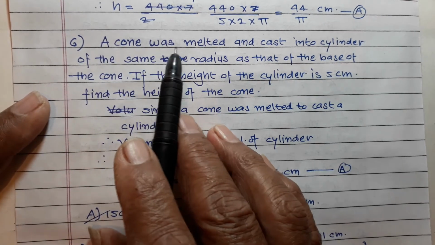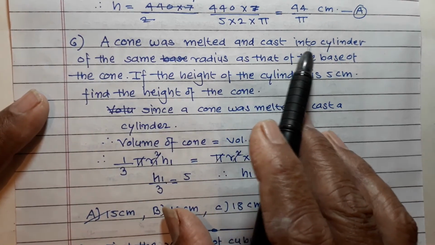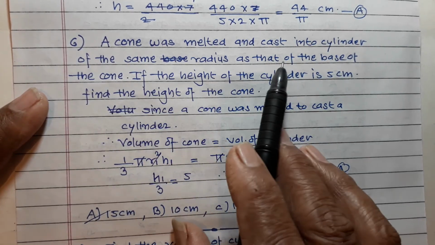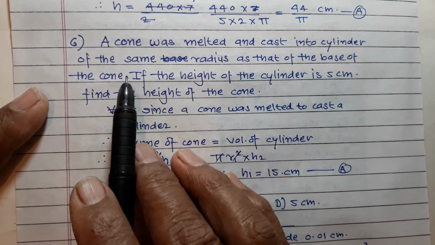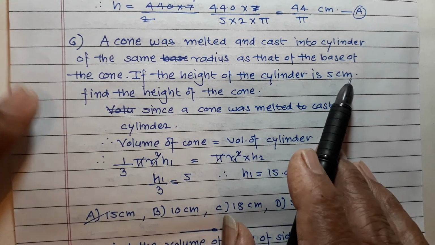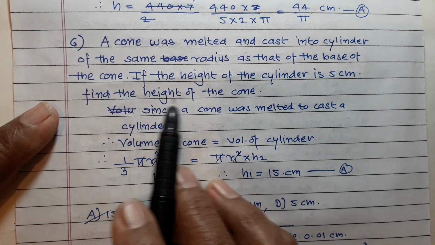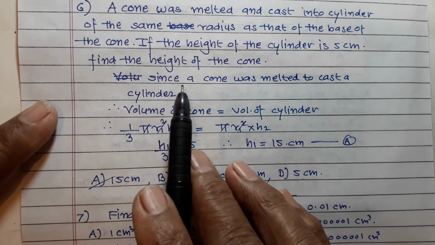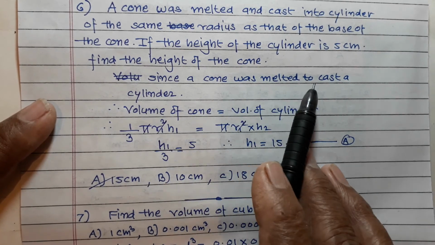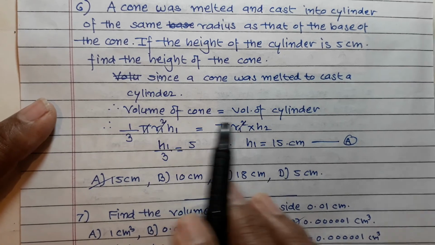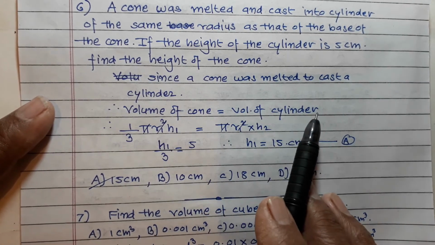Question number 6. A cone was melted and cast into a cylinder of the same radius as that of the base of the cone. If the height of the cylinder is 5 cm, find the height of the cone. Now since a cone was melted to cast a cylinder, therefore volume of cone is equal to volume of cylinder.